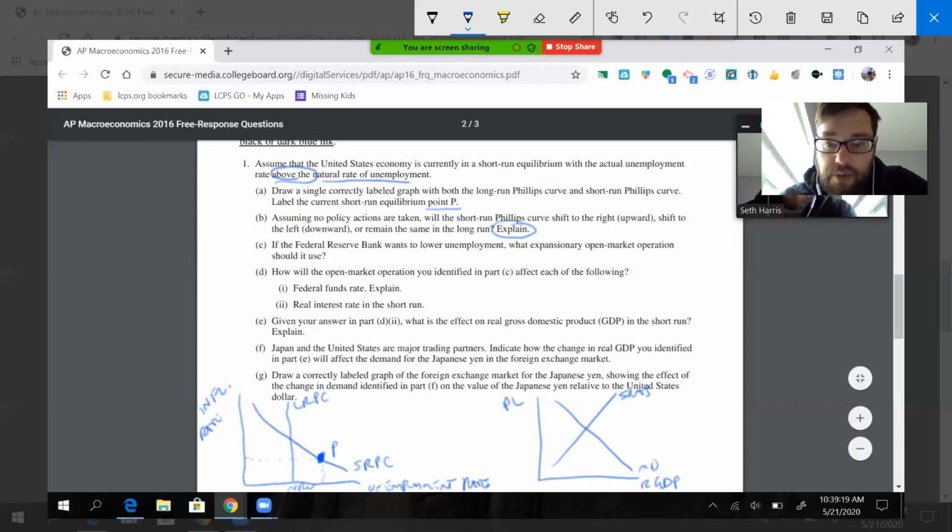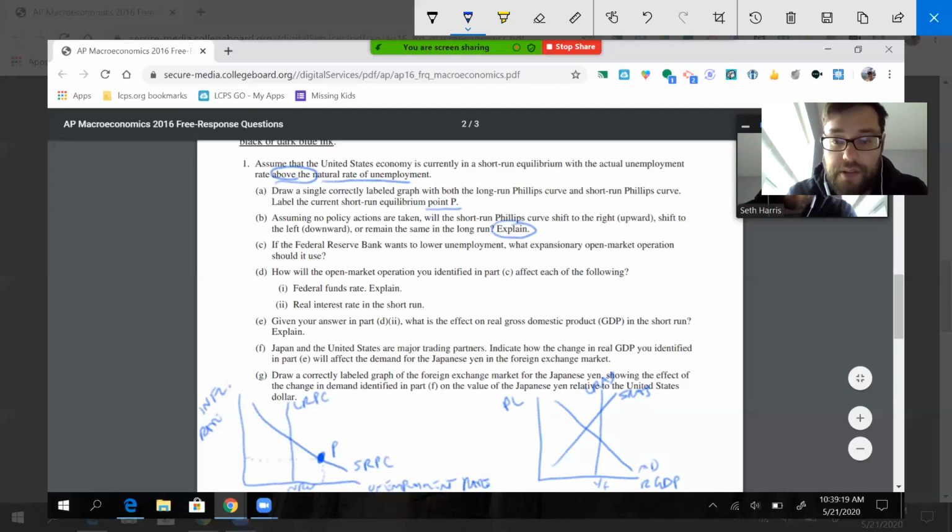So if we were going to draw this on this model, right, we are somewhere below full output, right? So our LRAS curve is here. This is our full output level, and we know that we're somewhere below that, because we said unemployment is higher than the natural rate of unemployment. So if we're going to draw the ADAS model, this is something what it would look like.